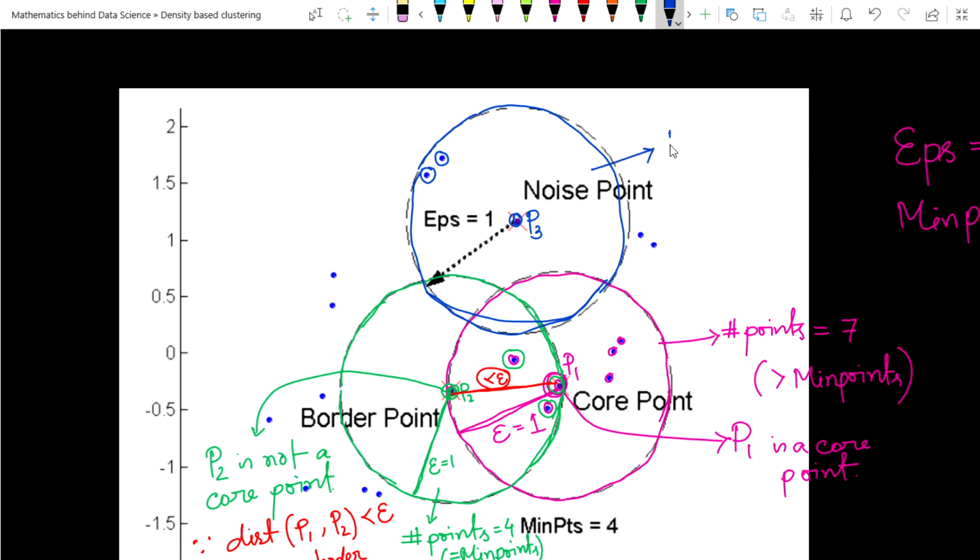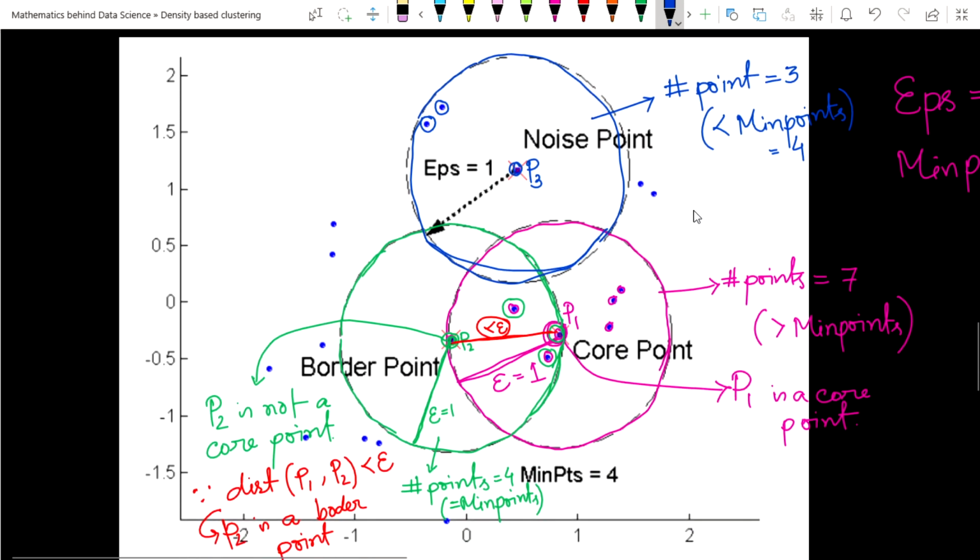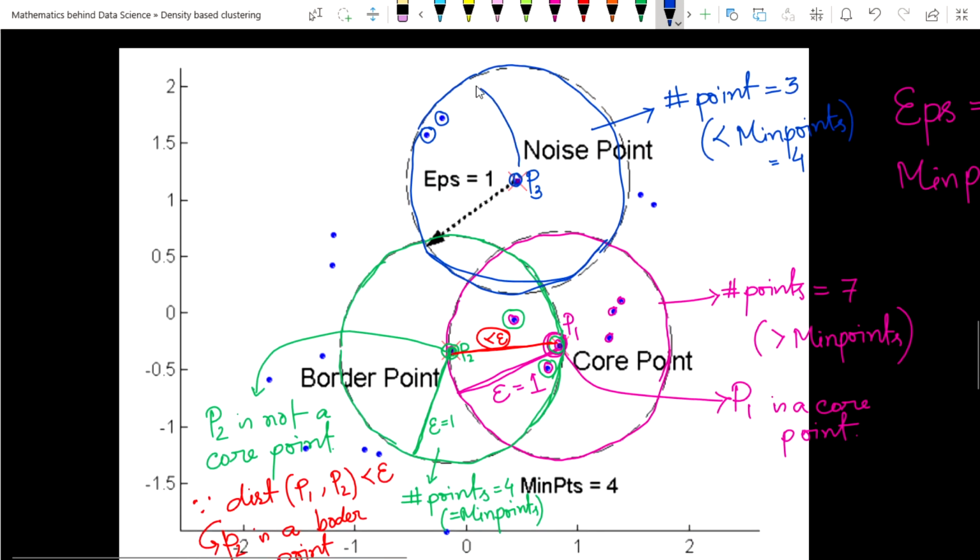So on this region, the number of points equals 3, which is less than the min points, which equals 4. So it is not a core point. First we got it: P3 is not a core point.